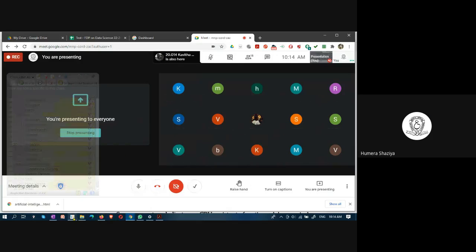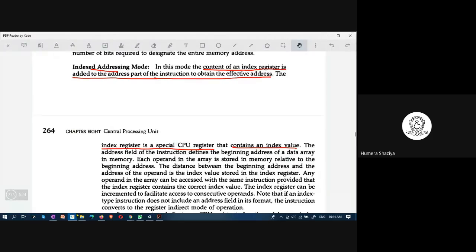Okay, right. In indexed addressing mode, consider that there is an index register. There is the address part of the instruction register, this is IR.